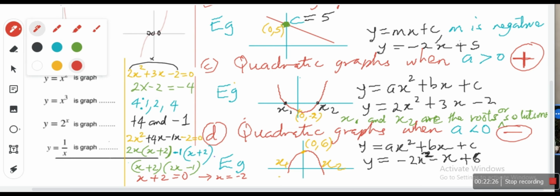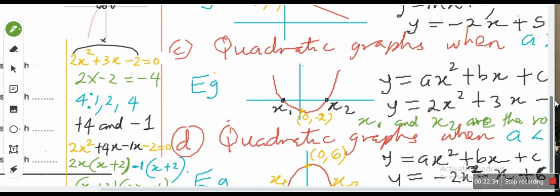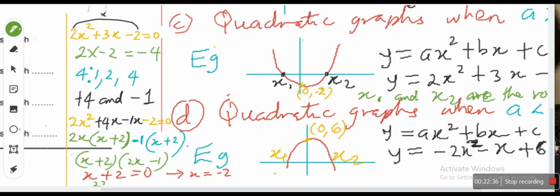Then the other one, 2x minus 1 equal to 0, will give us x equals 1 over 2, or 0.5. So those are the x values: minus 2 and 0.5.